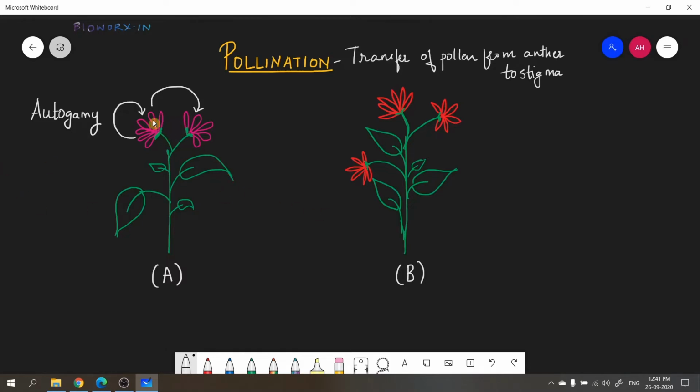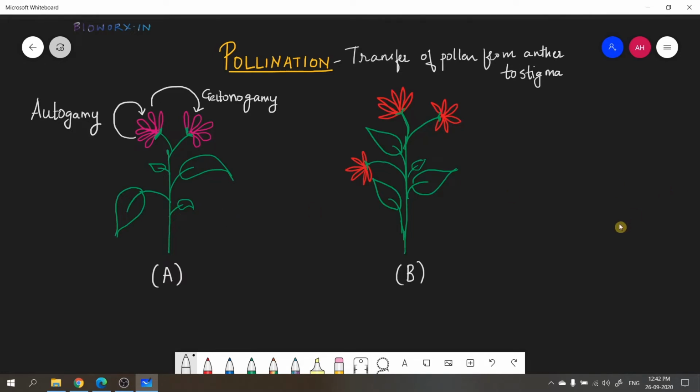That process is called as Geitonogamy. I'm going to mention that here. Geitonogamy. Both autogamy and Geitonogamy produce offsprings that are genetically identical because the flowers belong to the same plant.